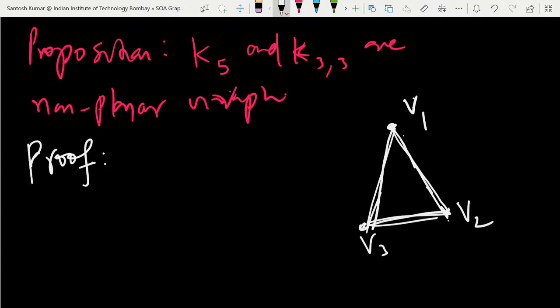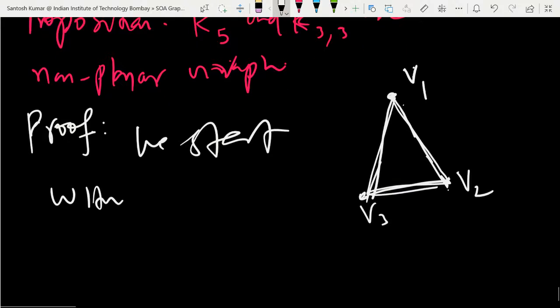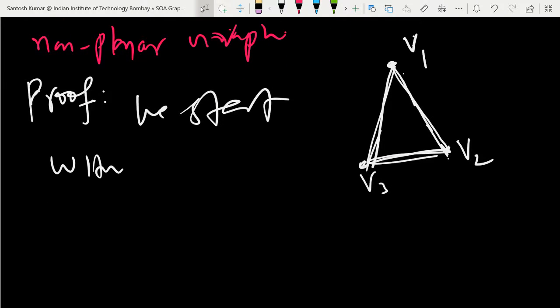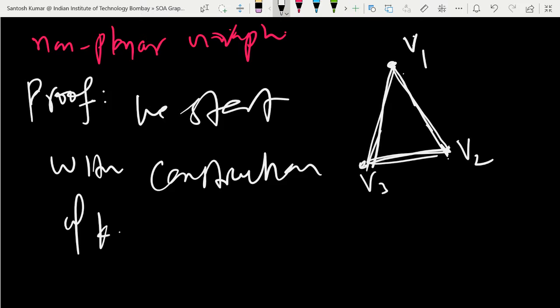So we can write: we start with the construction of K5 with three vertices. Start with three vertices, then we'll add more vertices.